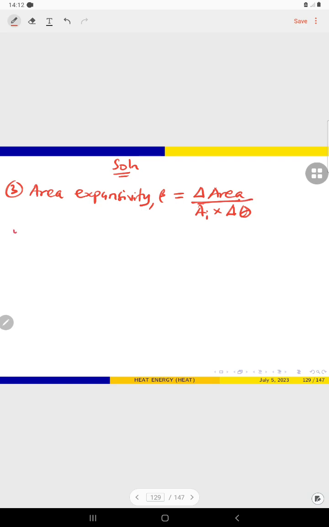So where we know that AI is the original, or we say initial area, delta theta is change, to make things simpler, temperature change.